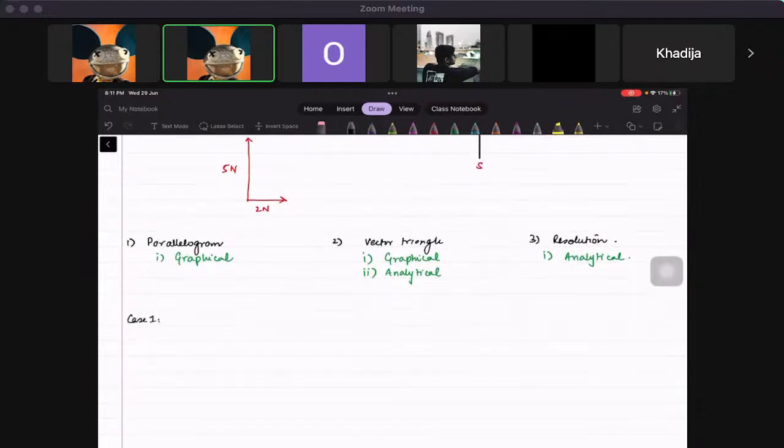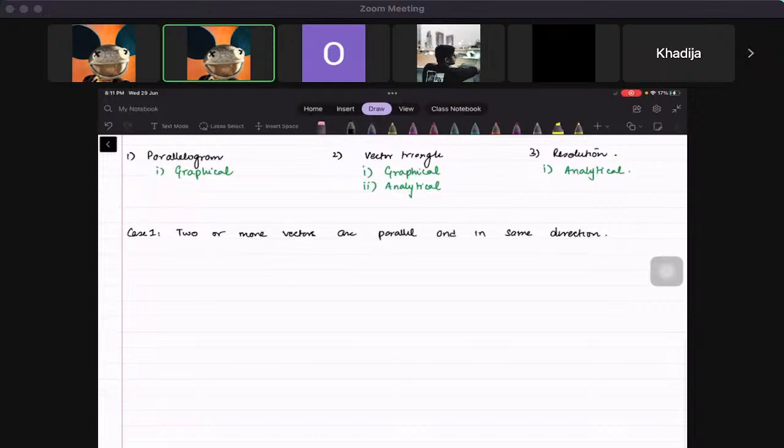Case 1 is when two or more vectors are, number one, parallel and in the same direction. So what you do then, let's suppose there is a body.